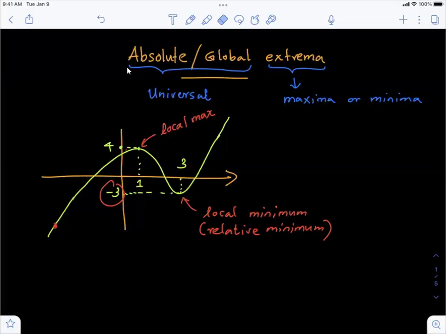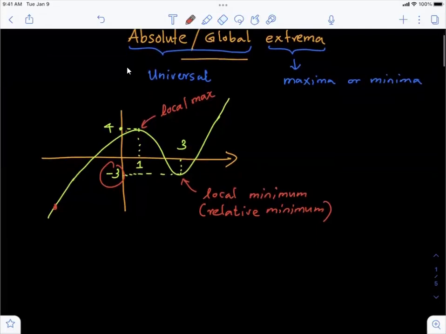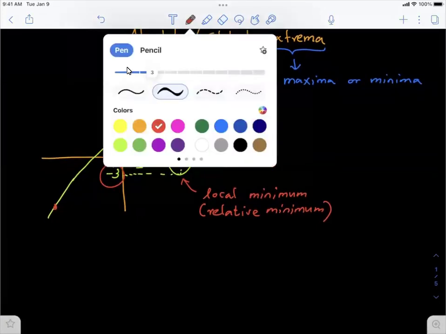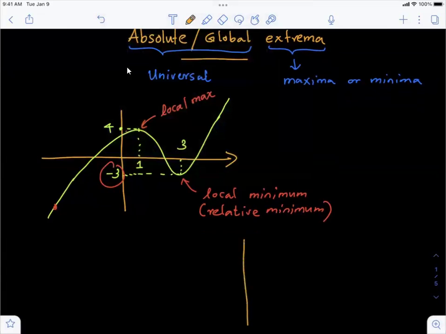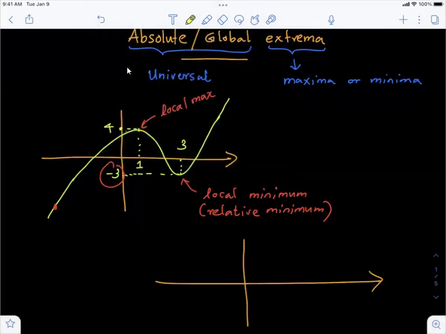So this tells us an important variation of these extrema. We can consider absolute or global extrema. Now think about this scenario, and compare it with the function we looked at in early applications: 4x divided by x squared plus 1. If you recall the graph of this function, it looked like this.